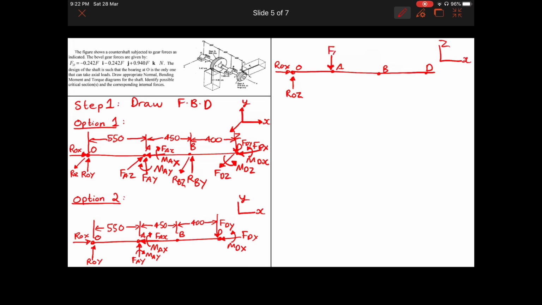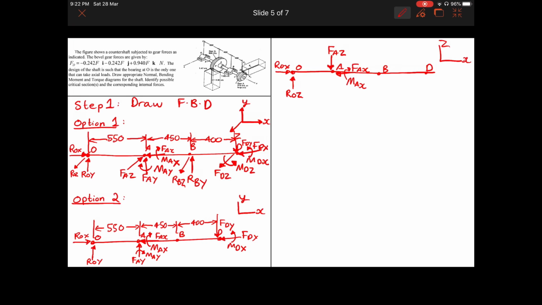So this is FAZ, and what else do we have? We have FAX this way, and again we can mention that there is this clockwise moment here, MAX. We don't have any moment about the z-axis.